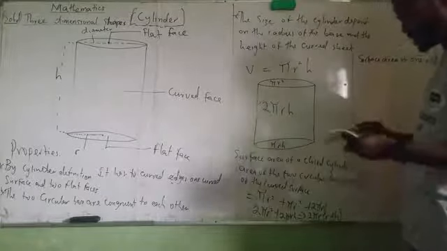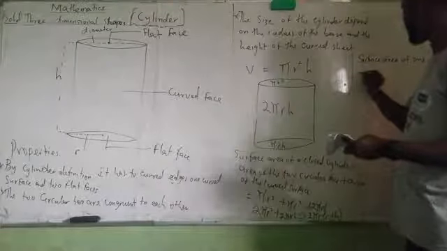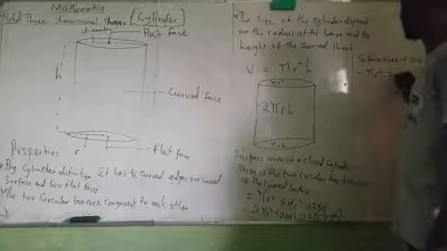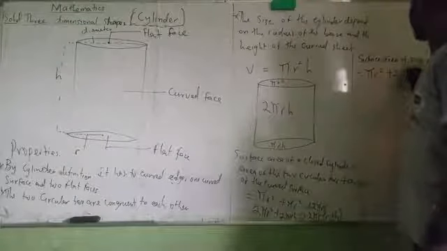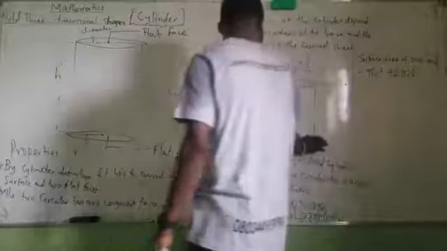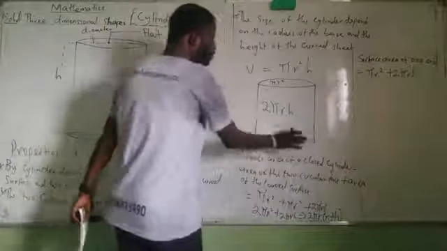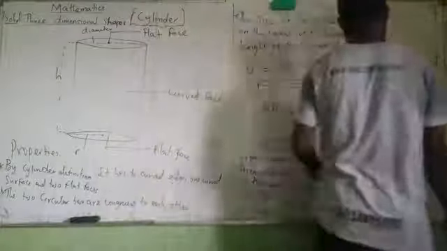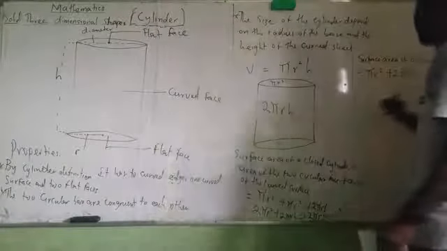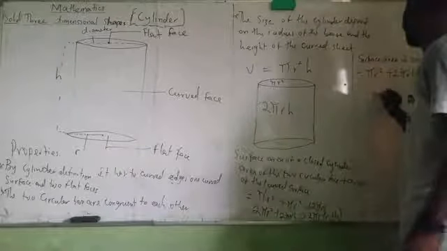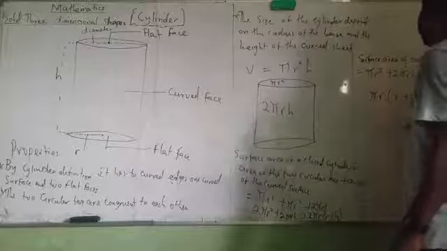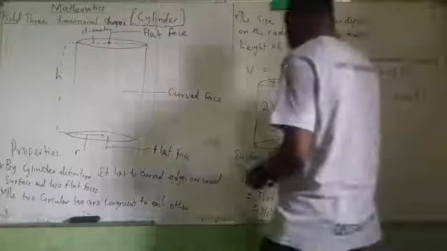The surface area of one end means at this point one end will be covered. It means I'll be having pi r squared plus 2 pi r h, which I can write as pi r bracket of r plus 2h. That is what we are talking about.